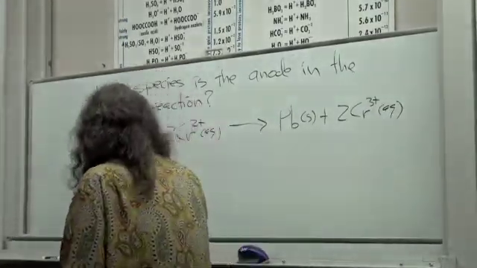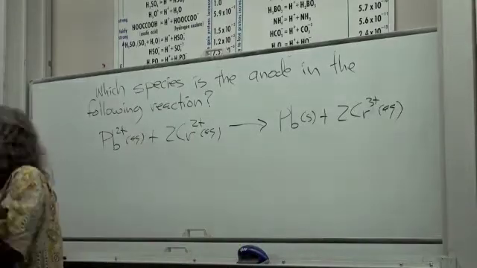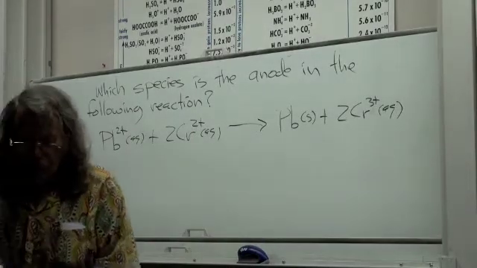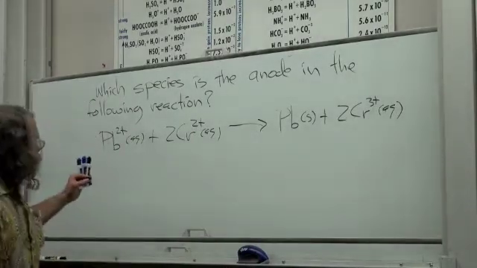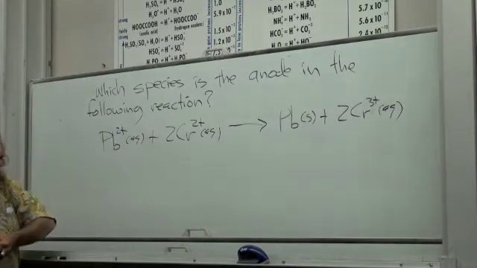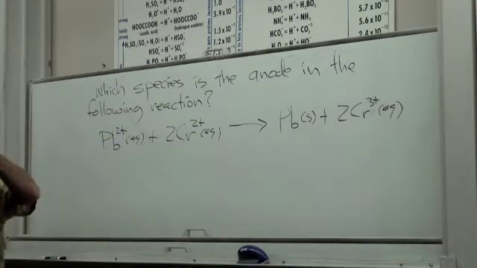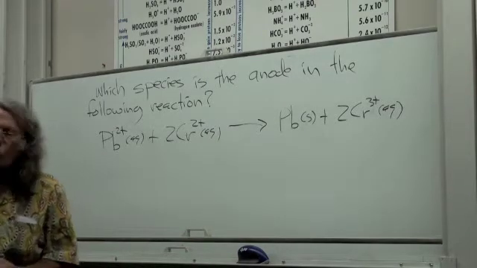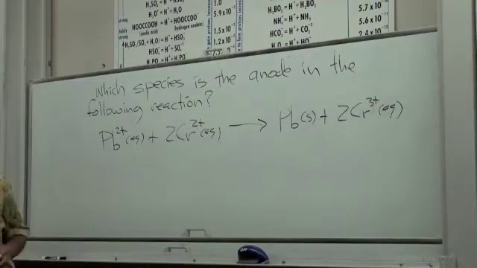Given that the first question, let me eat my M&M, is which species is the anode in this reaction? Chromium 2 plus. Why is it the anode?